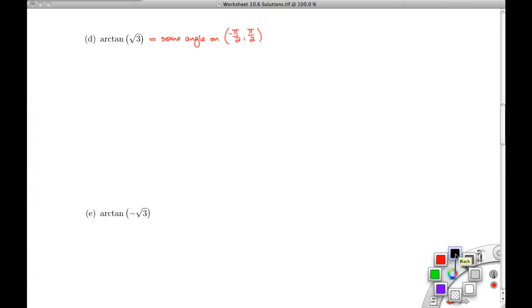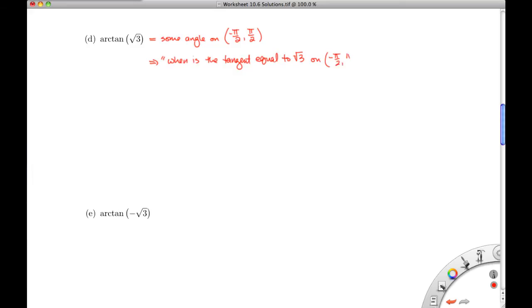So we'll go ahead and ask ourselves the similar question we've done for the first three. We'll say, well, when is the tangent equal to the square root of 3 on the interval from minus pi over 2 to pi over 2?